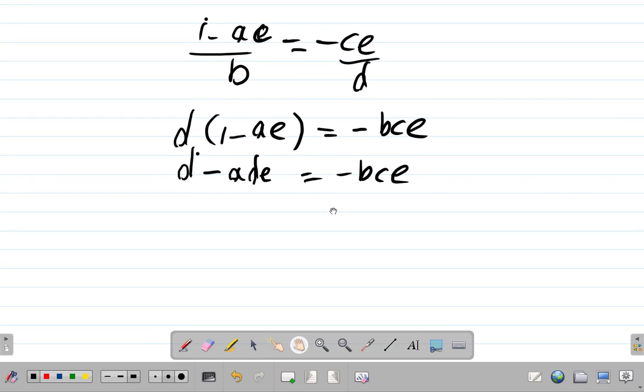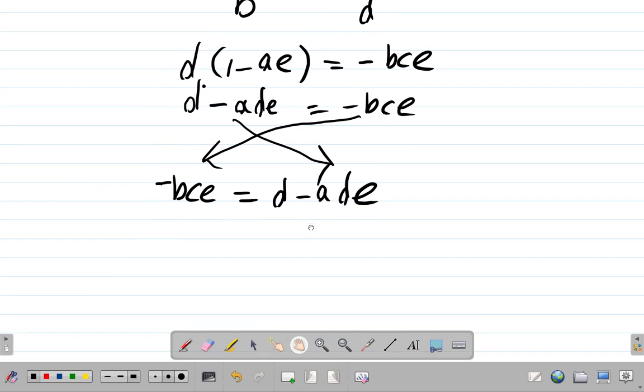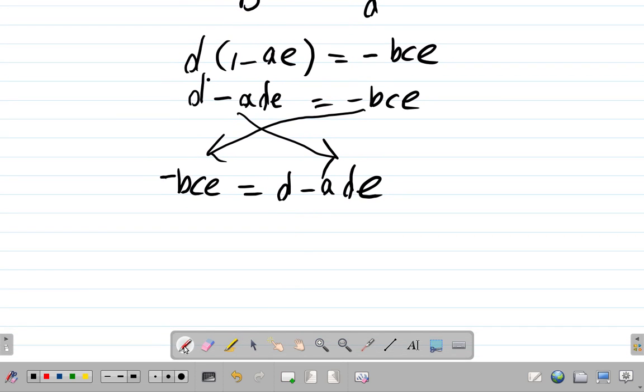We want to make E the subject of this equation. How about switching sides? So negative BCE comes on the left, equals D minus ADE on the right. It's saying the same thing. What I want to do is add ADE to both sides.